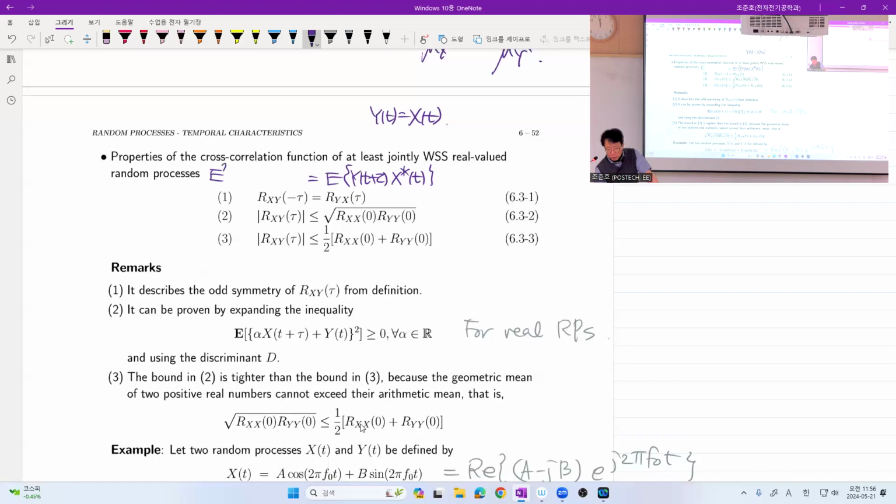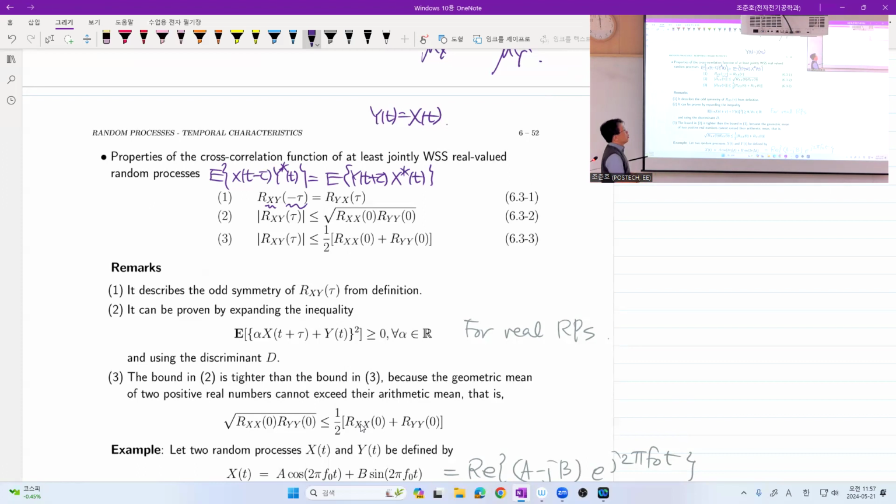Expectation of x of t minus tau and y conjugate of t. Well, this is not true because we have conjugation on x on the right-hand side and conjugation on y on the left-hand side. So in general, they could never be equal.